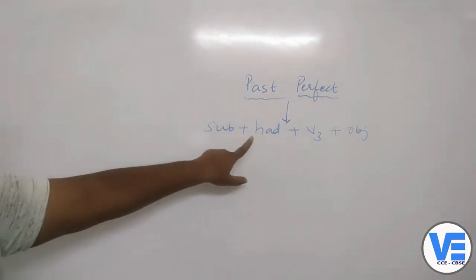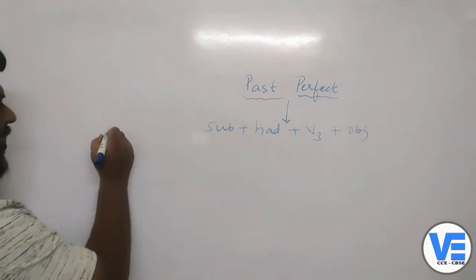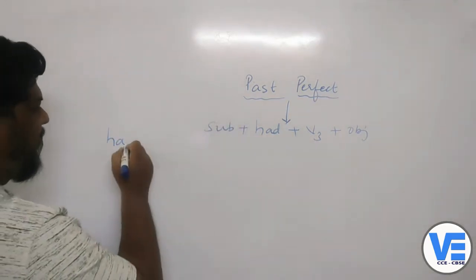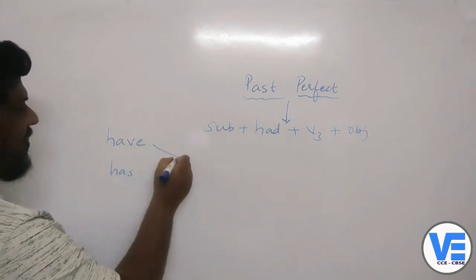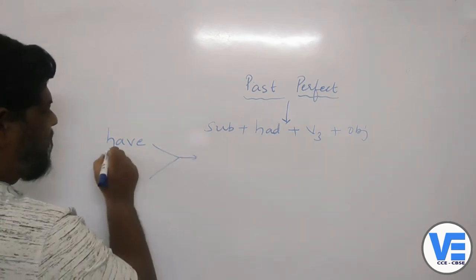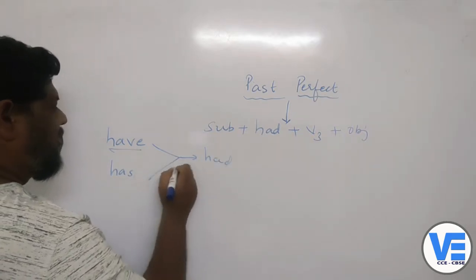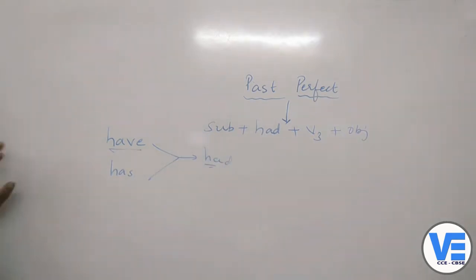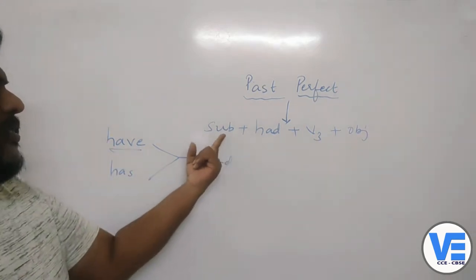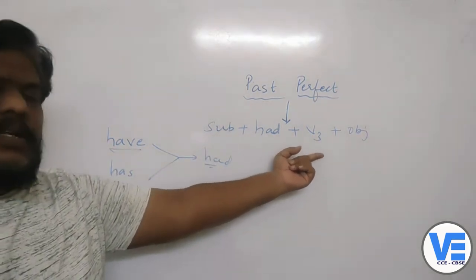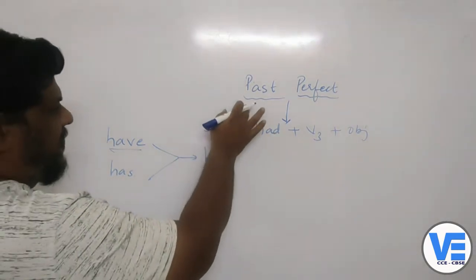In the present perfect we have used have and has, whereas in the past tense, what is the past tense of have? It is had. What is the past tense of has? It is also had. So we are using only had. So subject plus had plus V3 plus object. This is the formula for the past perfect tense.